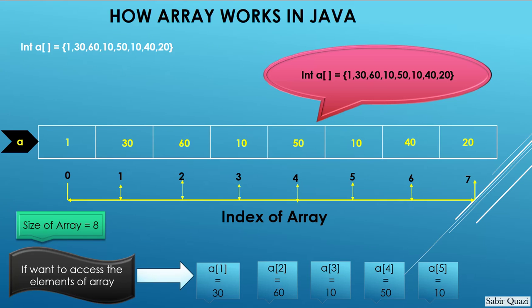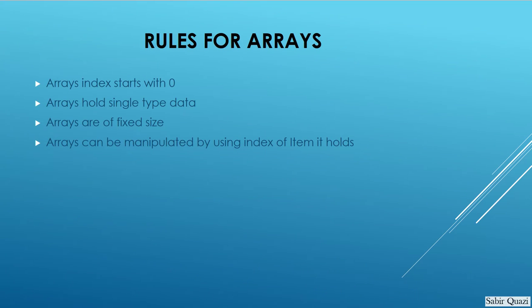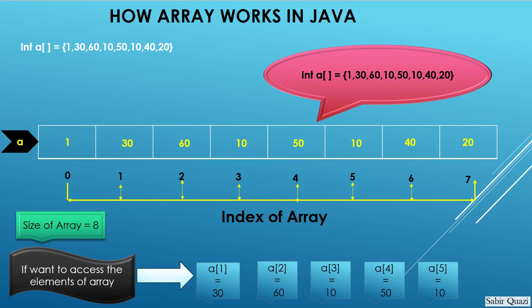The next rule is that an array has a size. Like I said earlier, the size of the array is the number of indexes it has. So in this case the size would be 8, because it holds 8 values.